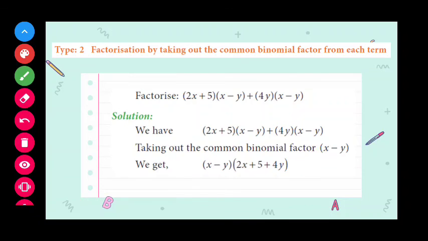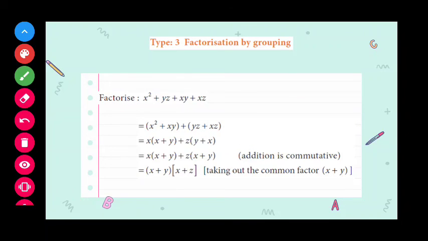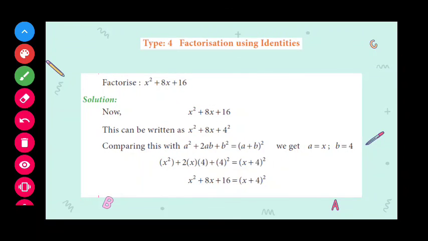Next is factorization by grouping. Here we are grouping 2 terms or 3, whatever it is, similar terms together, and then taking the common terms from that, and then writing 2 factors. The next is factorization using identities.